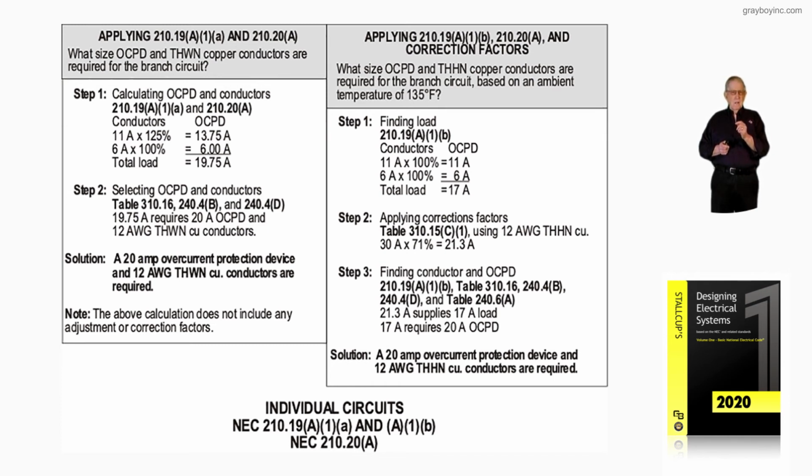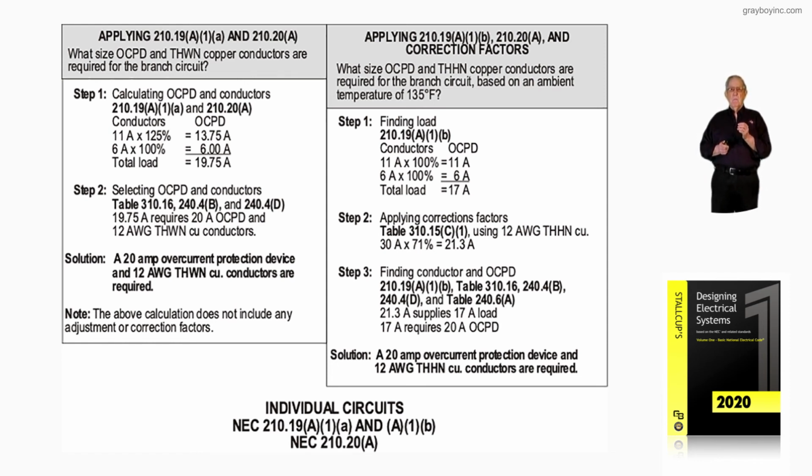And basically, engineers or electricians, when they learn this, they know the 90-degree column does not exist until adjustment factors or correction factors are applied. We only have the 60 and 75-degree columns where devices, terminals, lugs, equipment would match up. We do not have 90-degree equipment in most all cases.